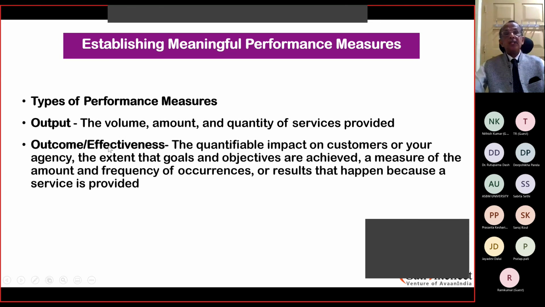Outcome and effectiveness: this is the quantifiable impact on customers or your agency, the extent to which the goals and objectives are achieved. A measure of the frequency of occurrences or results that happen because the service has been provided.